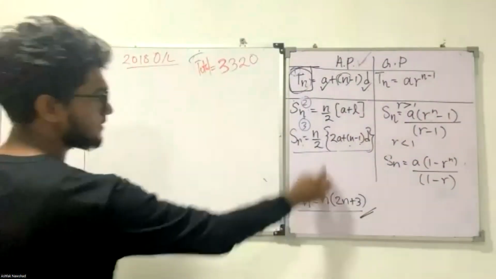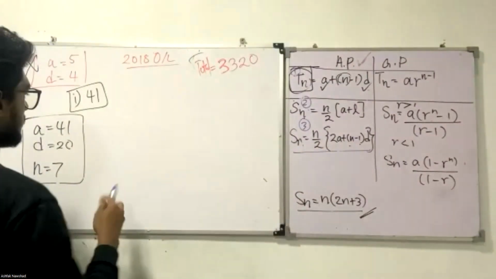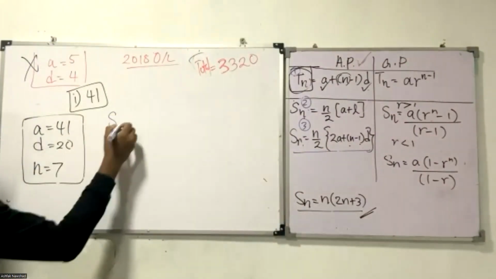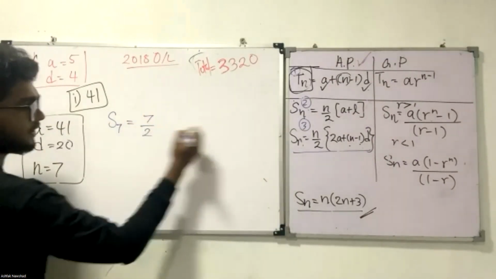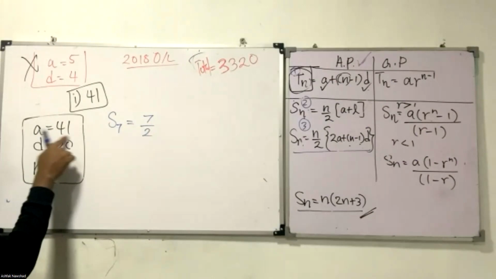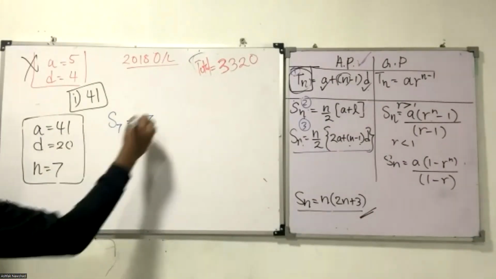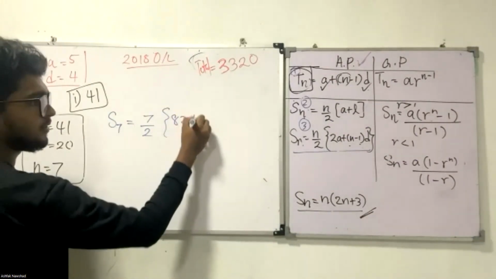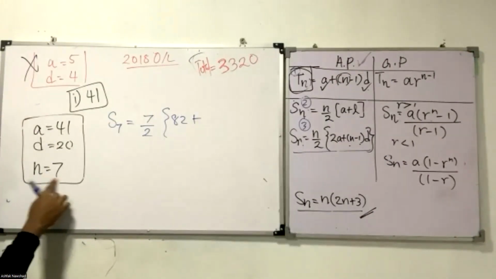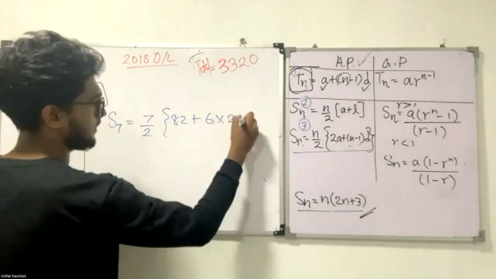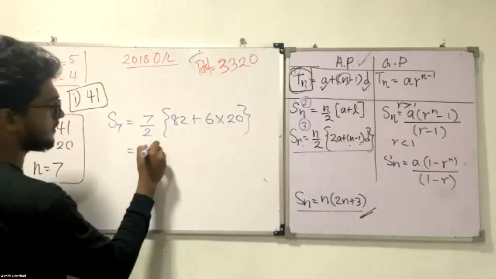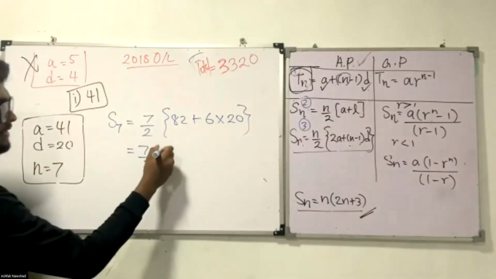So the total is found by Sn. n is 7, so S7 is n over 2 times 2a, where a is 41, so 2a is 82, plus n minus 1, which is 7 minus 1, 6, into d, 20. So 7 over 2, we can't simplify this yet.